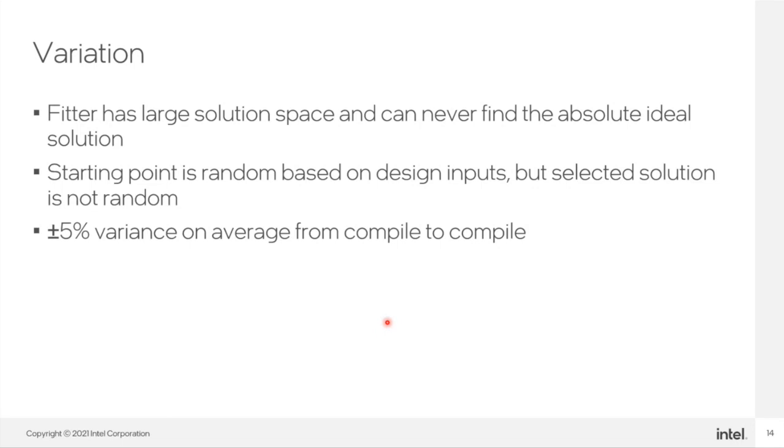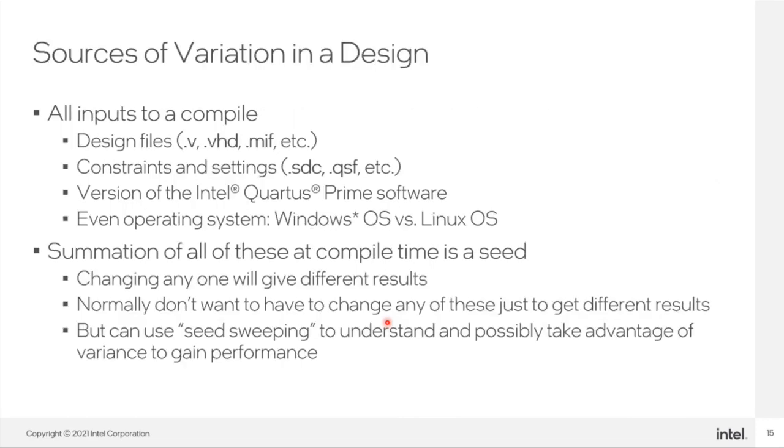It's a normal part of the timing closure process. To illustrate this point, people are frustrated at times, not everybody, thinking, well, I made this small change to my HDL code and now I can't close timing. Part of how Quartus determines where to start finding a solution for the place and route process is based off of what I'll call an internal seed number.